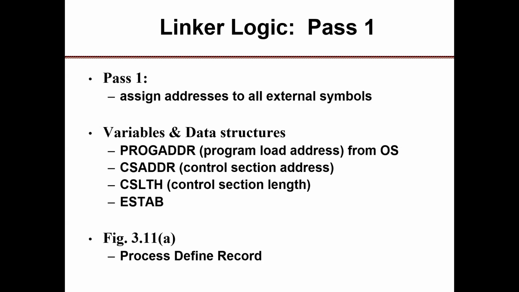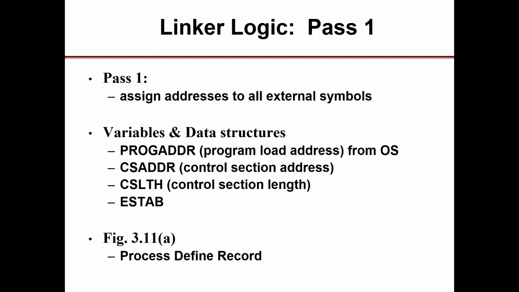The other thing we're going to be concerned with for the linker is taking a look at some variables and data structures that are unique to the linker, and being able to manage multiple control sections. Specifically we'll be looking at these 3 variables in this one control structure that we've already looked at.